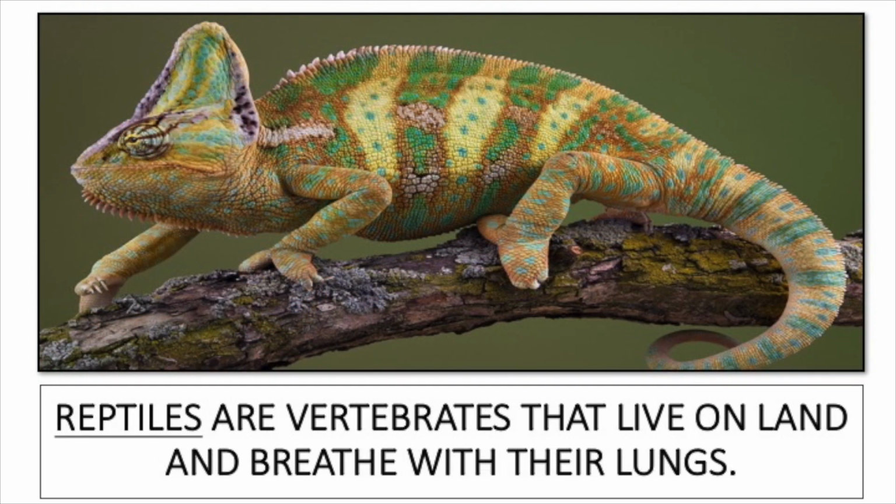Now, reptiles are vertebrates that live on land and breathe with their lungs. So in that way, reptiles are similar to us. We live on land and we breathe with our lungs. But do we look like this? No. This is a type of reptile called a lizard. Yes.